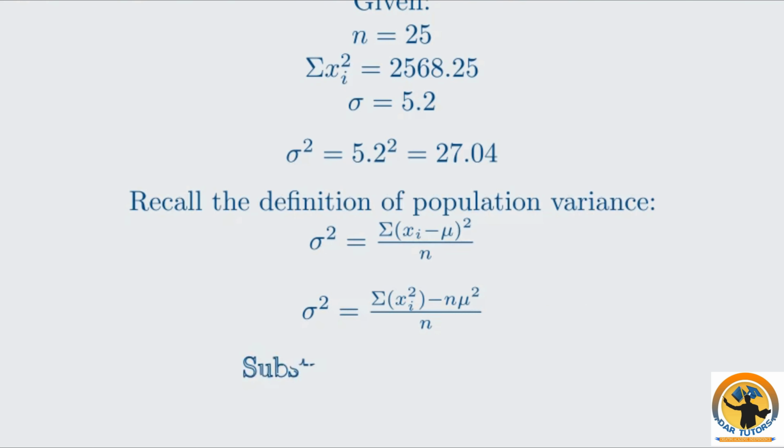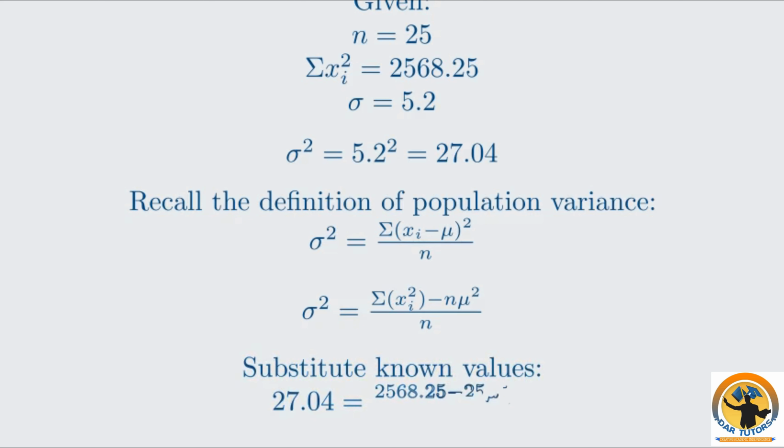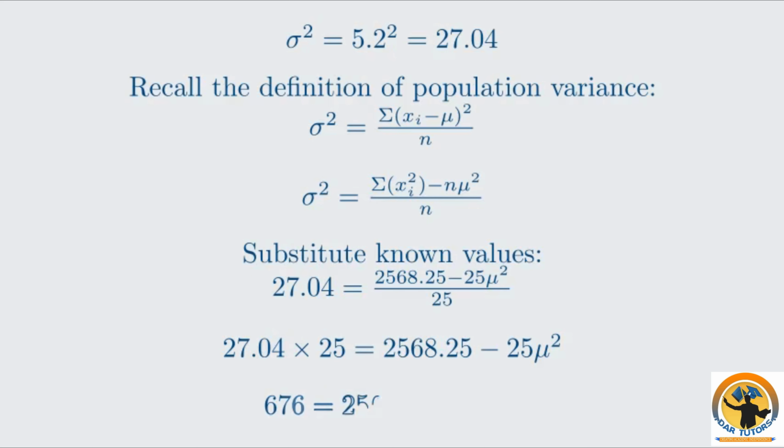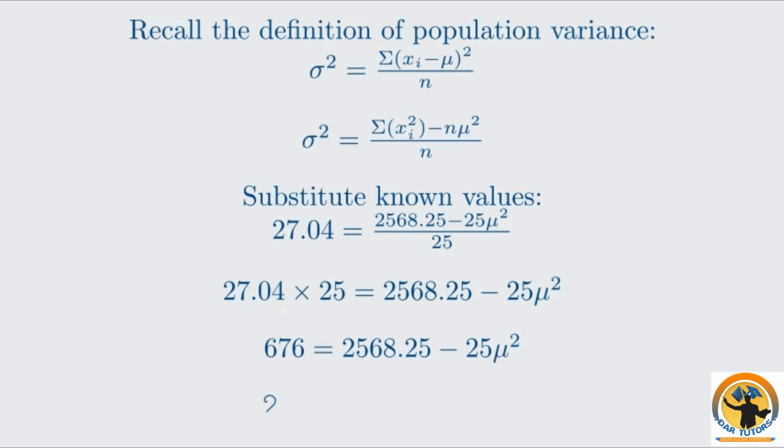Let's substitute in the values we have: 27.04 for the variance, 2568.25 for the sum of xi squared, and 25 for n. Multiply both sides by 25. This gives us 676 equals 2568.25 minus 25 mu squared. Now we rearrange the equation to solve for mu squared.